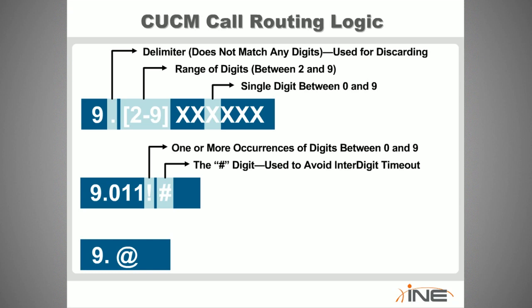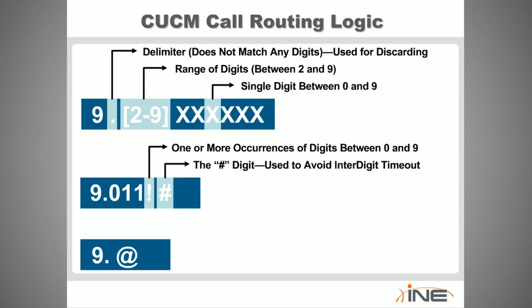Okay? So the only way that it's avoiding interdigit timeout is that we have now put an end to the possibility of matching multiple occurrences of that last ballbat or exclamation. Since the exclamation, if we go back a step, was one or more occurrences, the or more we said could be infinite. So once the user presses the hash, we have essentially said there are no more possible digits that can be dialed, because the ballbat, the exclamation, does not match star or hash.